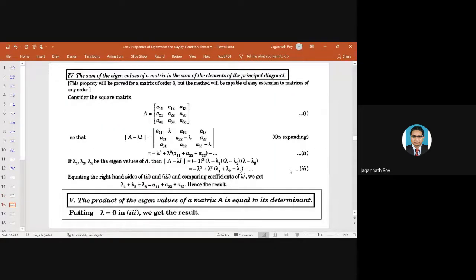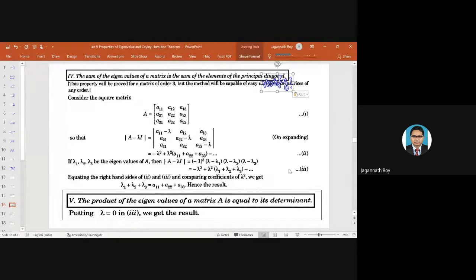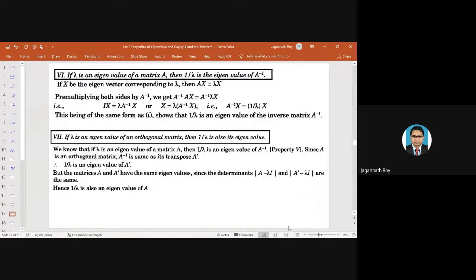I have included all these results here, and since I have already discussed them, I am just skipping this portion. Otherwise, we won't be able to complete our syllabus.